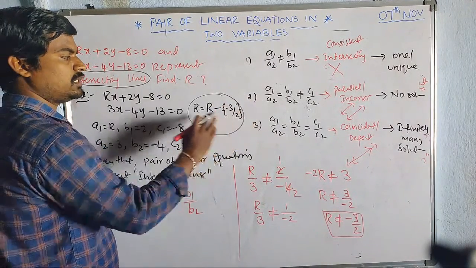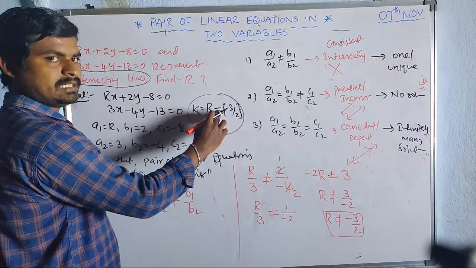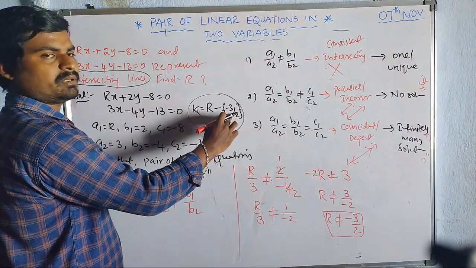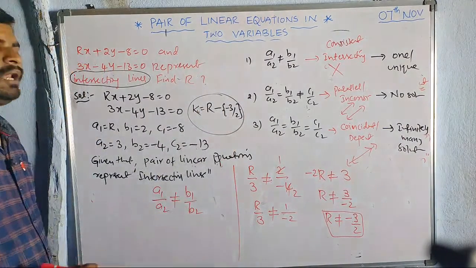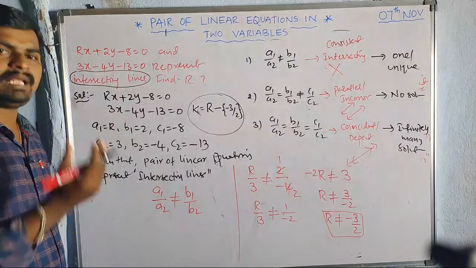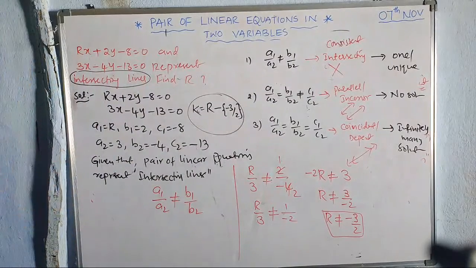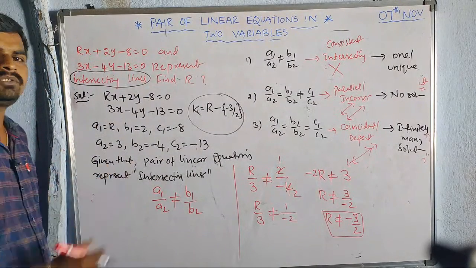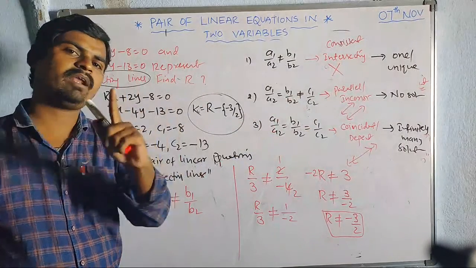Sometimes K is given in the problem: K equals real numbers minus, eliminate this one, minus 3 by 2. Otherwise, if you write in words: the value of R is any real number except minus 3 by 2. If the problem depends on the second and third condition, you will get one value only directly.